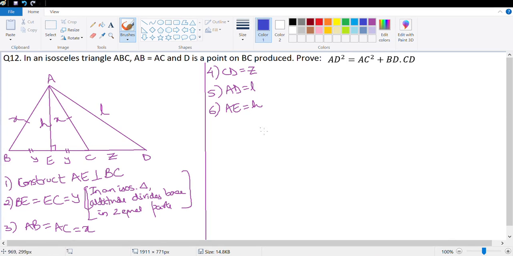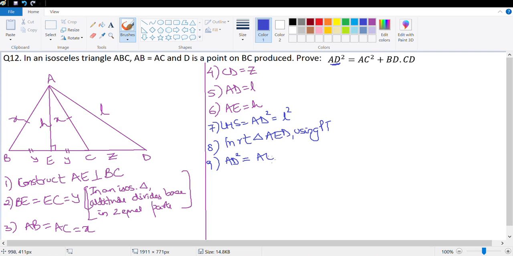Next, let's see what we have to prove. So left hand side is equal to AD square, which is equal to L square. Now in a right triangle AED, using Pythagoras theorem, we get AD square is equal to AE square plus ED square.